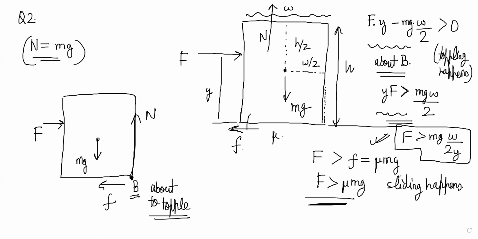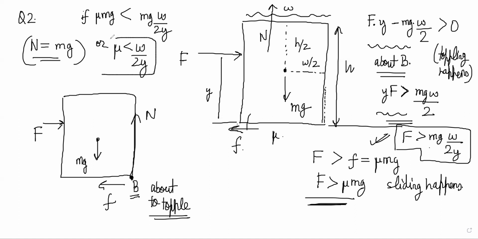Now, obviously, we can decide which will happen first, right? Whichever value F must exceed, mu mg or mg into W by 2y, whichever happens first, that is what is going to happen. Like if mu mg is lesser than mg into W by 2y, or mu is less than W by 2y, right?